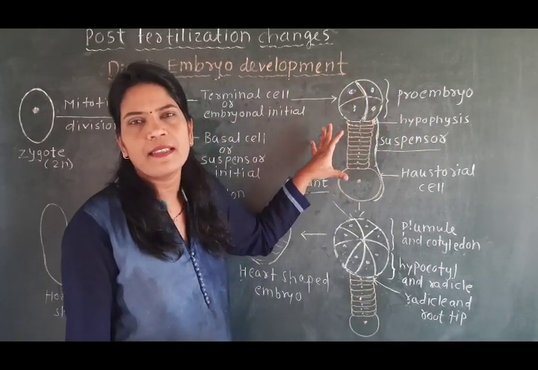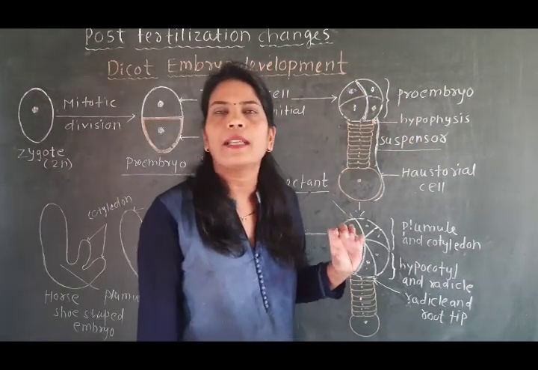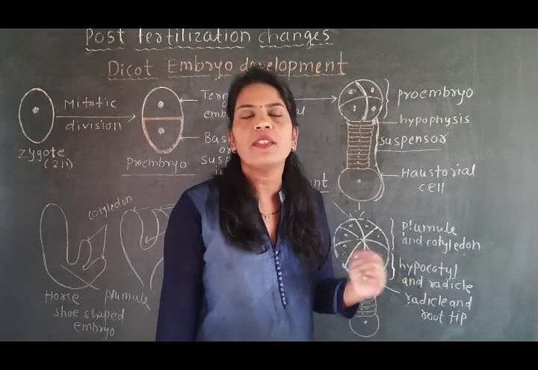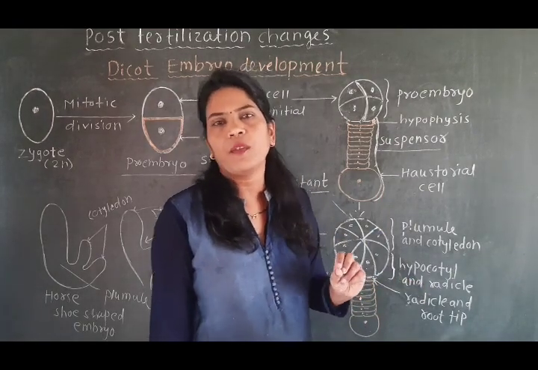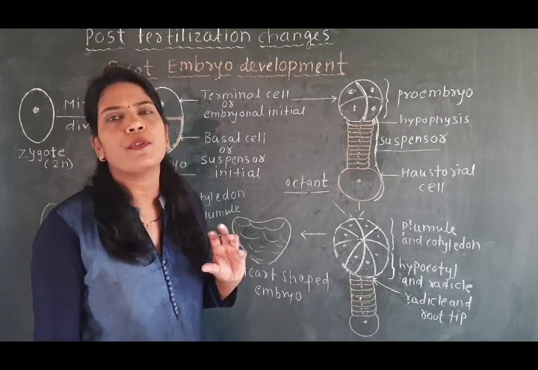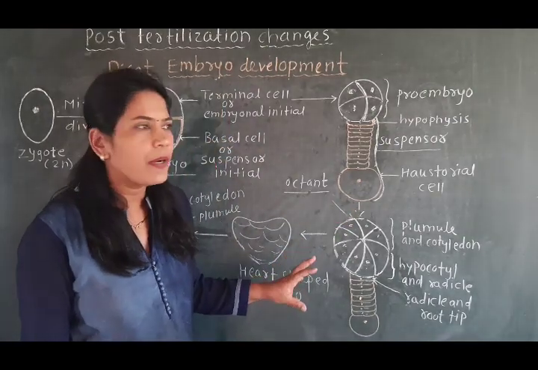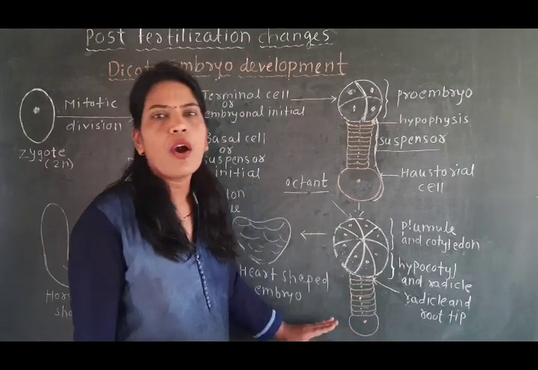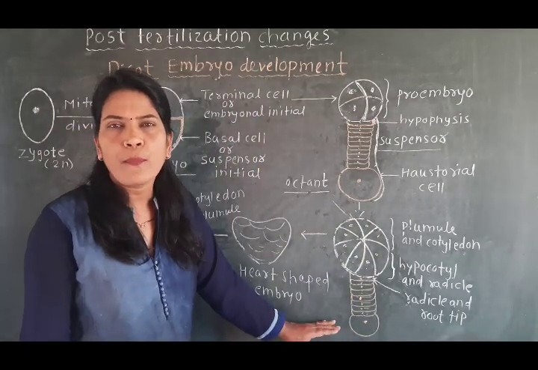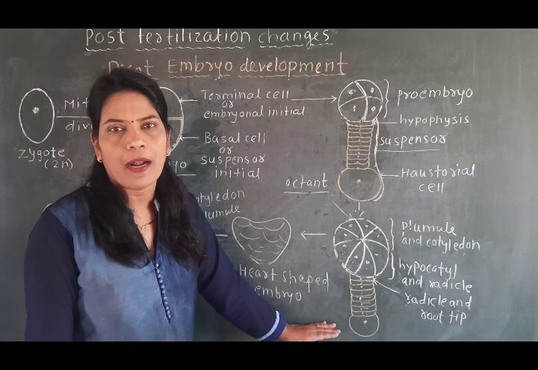This suspensor is a very important part of the dicot embryo because it pushes the embryo toward the endosperm for proper nutrition of the embryo. Then in the next figure, this whole structure of the embryo goes on to form different parts of the plant body.